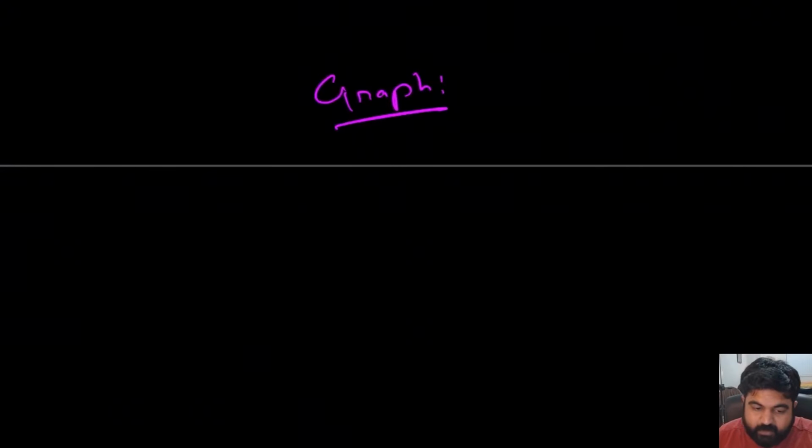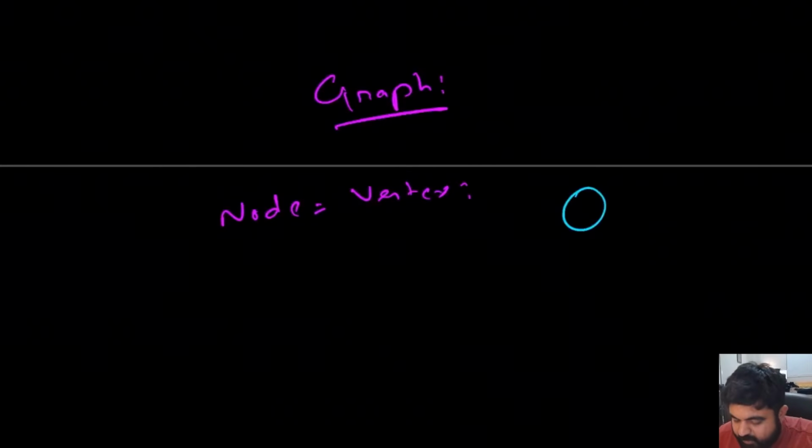If we talk about the terminology used in a graph, even in a graph we are going to have a node, but in a graph we can also call a node a vertex. It essentially represents the same circular dot that I just mentioned, where you can store all sorts of information like an integer, character, boolean, class value, or whatever you want.